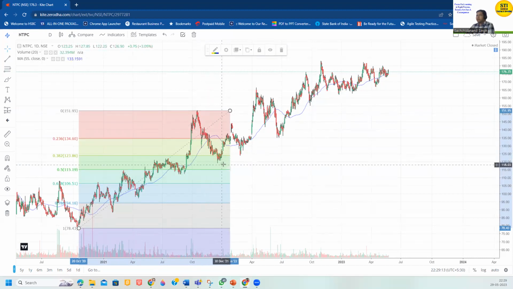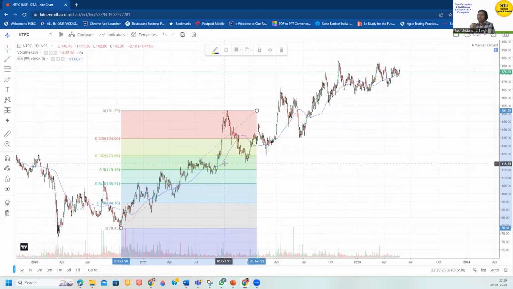It is below. Before 50%, it is around, I think, 45% or so. And again, it has started moving up.